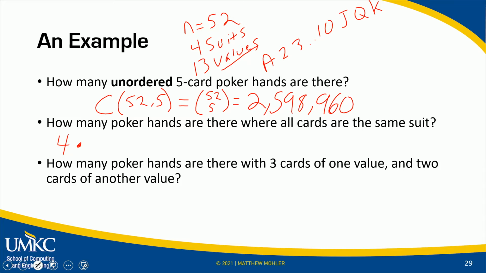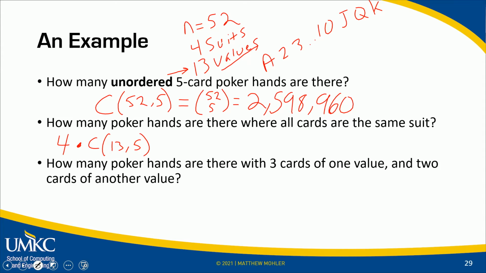So now that we've chosen a suit, we have 13 possible values within that suit. And so we will say that we are picking 5 that are all of that same suit. So in this case, it's going to be 4 times the number of combinations for 13 as our n for this case, because there are 13 total values available within a suit. And we are selecting or choosing 5 of those.